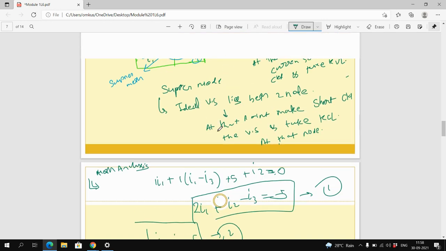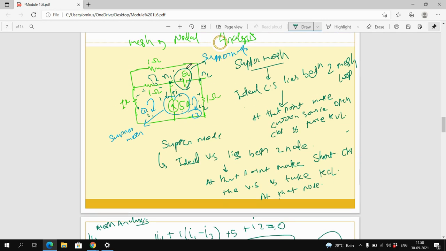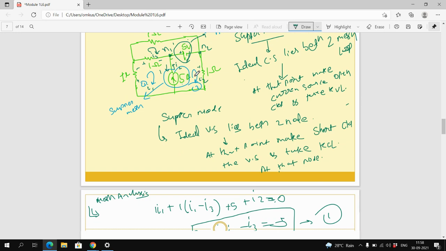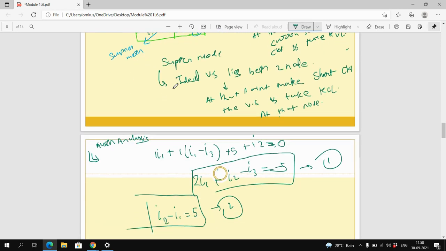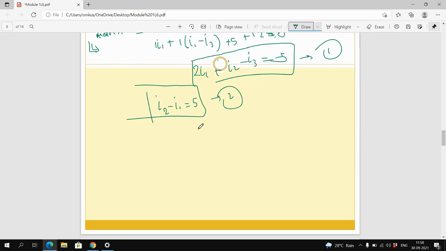Now similarly, when you apply KVL for the upper loop, the current I3 is flowing in that loop. This is a very simple, normal loop, so you can find the equation. I will write here: I3 minus 5 plus 1 (I3 minus I1) equal to 0.